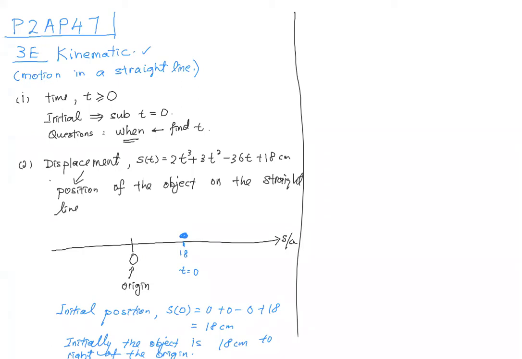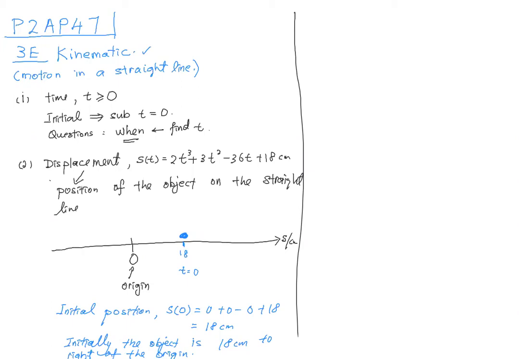That is called displacement. If the displacement is negative, that means the particle is to the left of the origin. So this is about displacement: how far is the object from the origin? Displacement is a vector quantity. If it's negative, it's at the left of the origin.